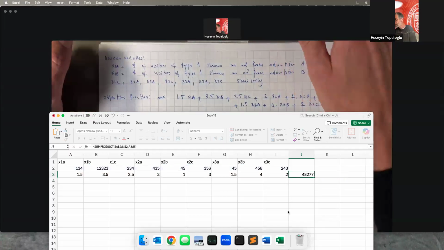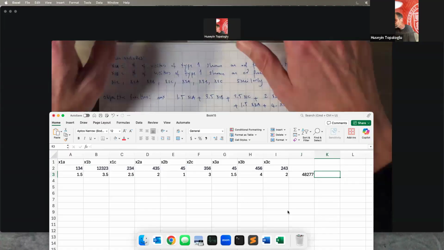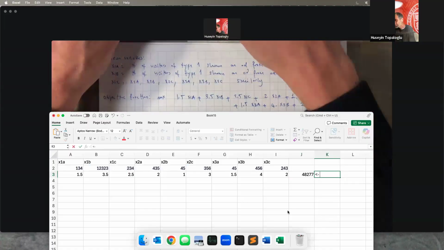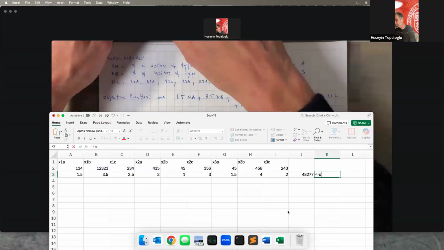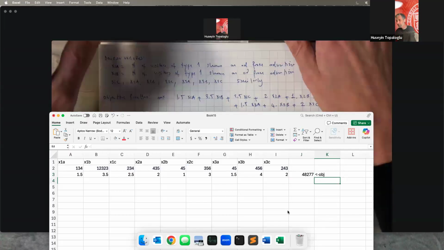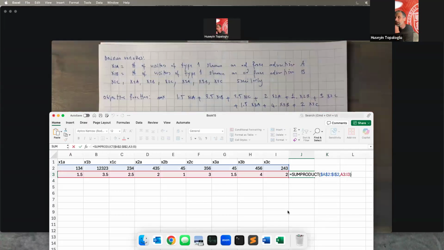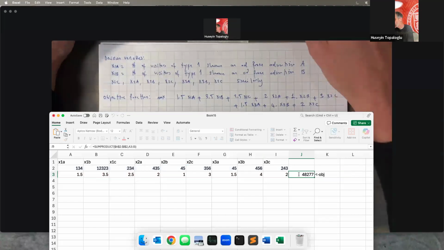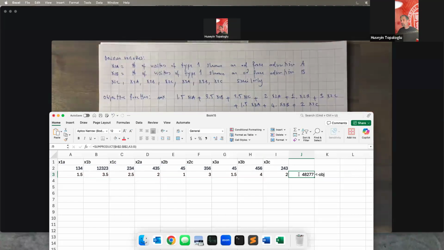So now column G is keeping track of our objective function. It's doing nothing more than taking the values of our decision variables, multiplying them by the corresponding coefficients of the objective function, and adding them all up. It's a nice, convenient way of specifying the objective function.